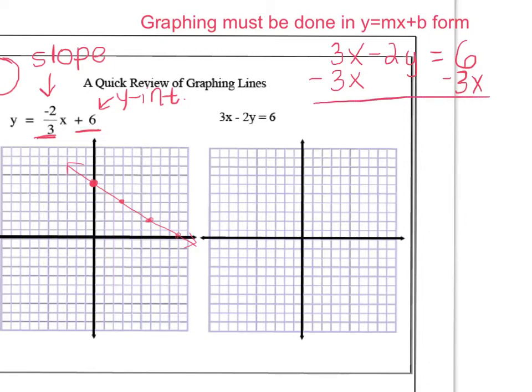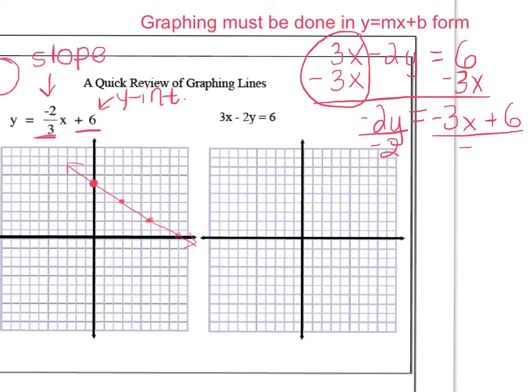Now because I want it in the y equals mx plus b form, I'm going to put my x's before my 6. So I'm going to put negative 2y, which is what's left, equals negative 3x plus 6. It's a plus 6 because it's a positive 6. The last thing I need to do to get y alone would be to divide by negative 2.